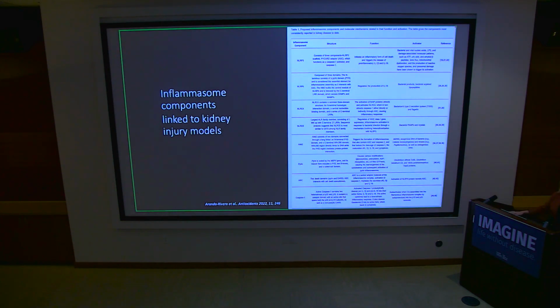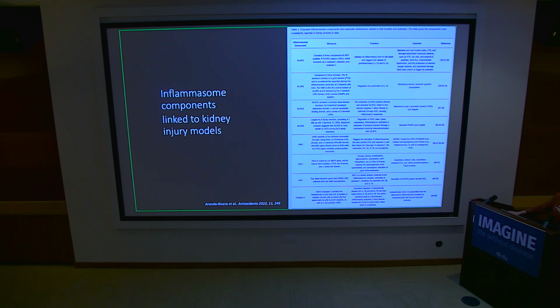There have been a lot of different inflammasome components linked to different kidney diseases, and NLRP3, while it's quite protective in the ischemia reperfusion model of acute kidney injury, when you use another model, the cisplatin model, to induce acute kidney injury, you get a lot more injury with NLRP3 knockouts.